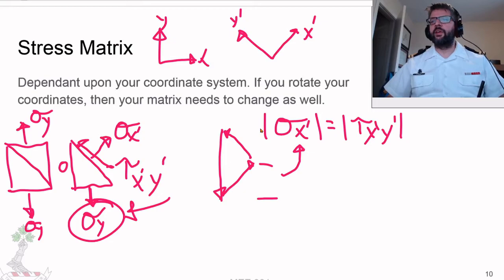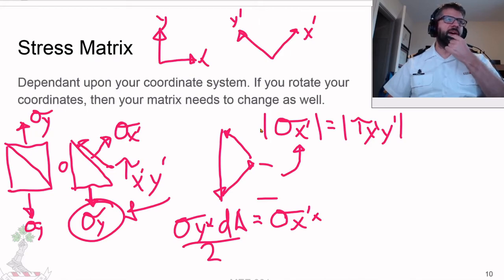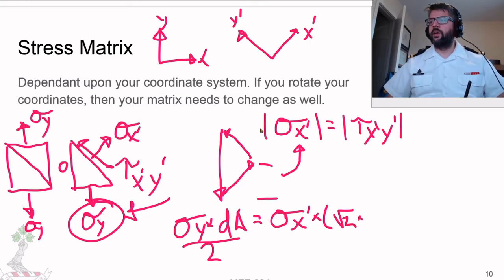So basically, our sigma y times the delta A divided by 2 needs to be equal to the sigma x prime times its area, which again is square root of 2 times dA.